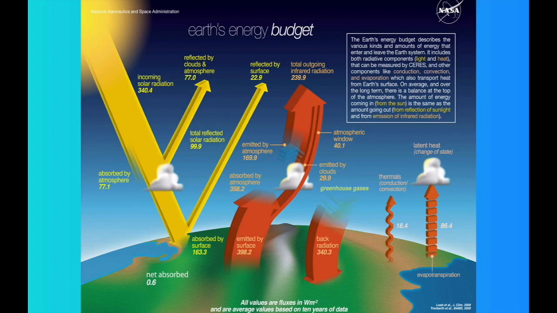Most of it is re-radiated back into space. The other 40% that doesn't get absorbed is just bounced back into space. Either it's bounced back by clouds, or it's absorbed by clouds, or it's reflected off of ice or water.